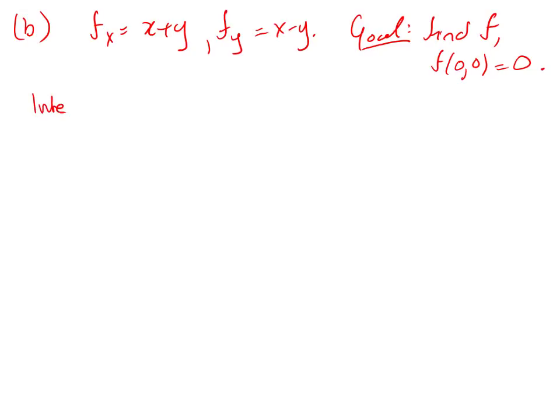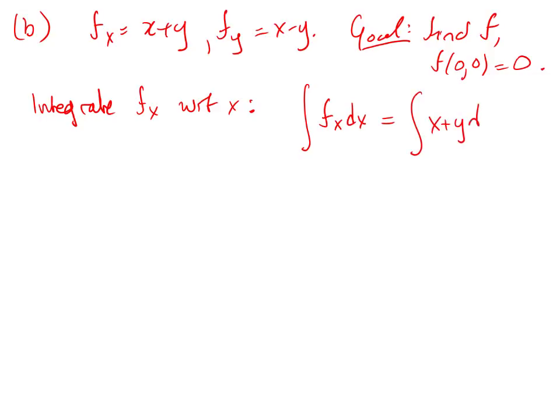So let's integrate this partial in x with respect to x. So what do I get if I do that? Well, f is the integral of x plus y dx, which is x squared over 2 plus xy plus any function g of y.